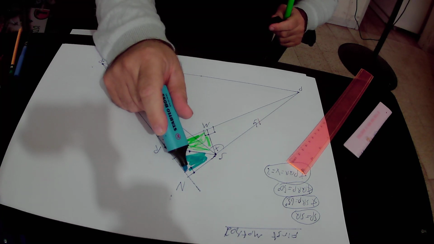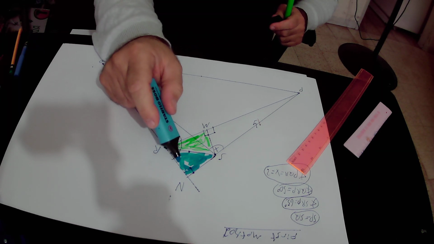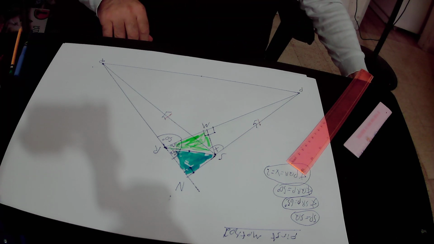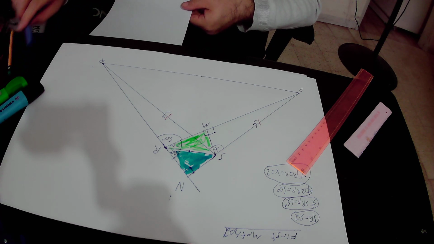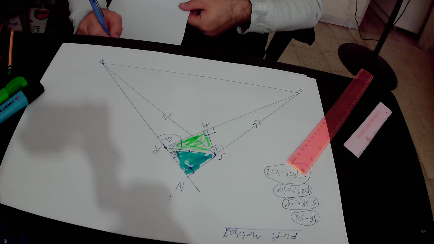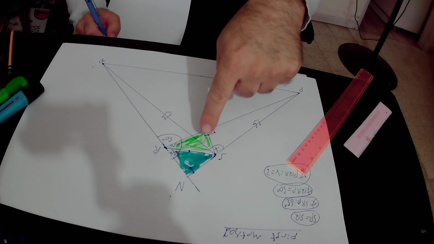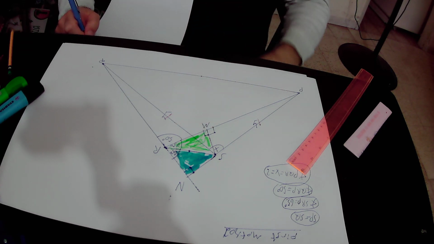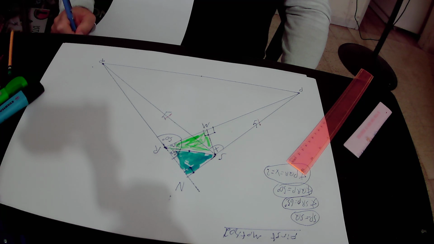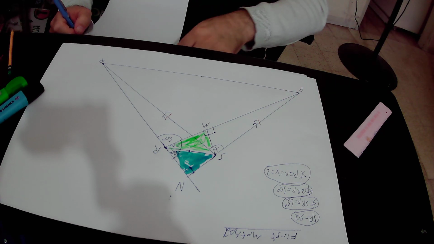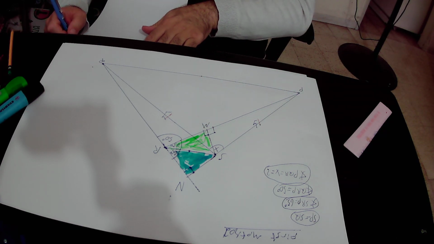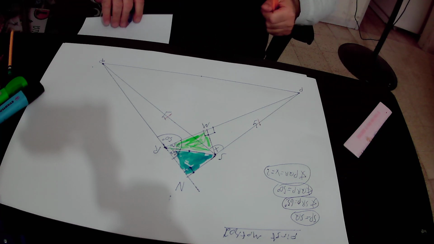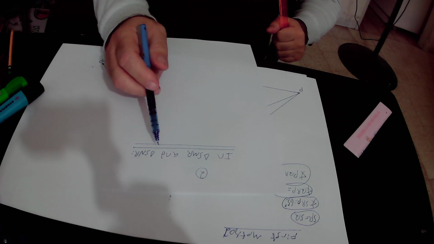Okay, so we will focus on the green triangle, triangle SMR, and the blue triangle, triangle SNR, and we will prove that the green triangle is congruent to the blue triangle.